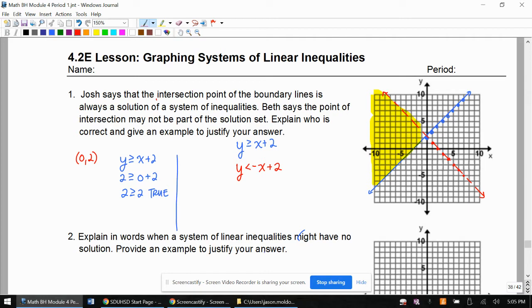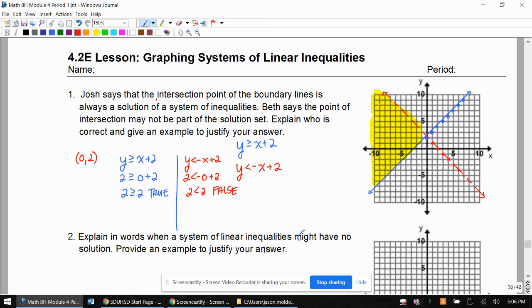And now we'll check it in the other one. And we see that actually the point of intersection does not test out for the dashed line. And it needs to work for both.